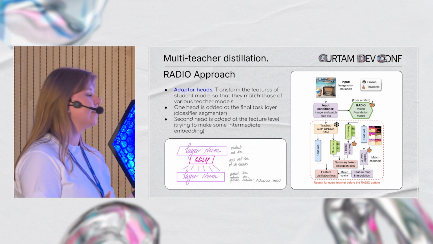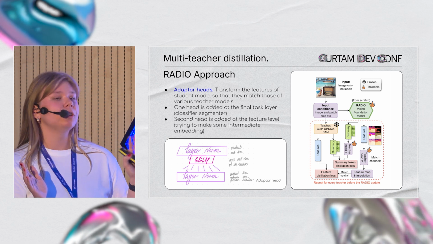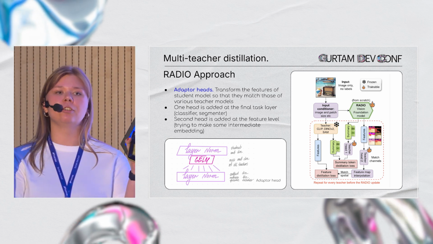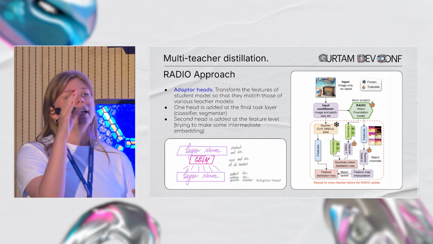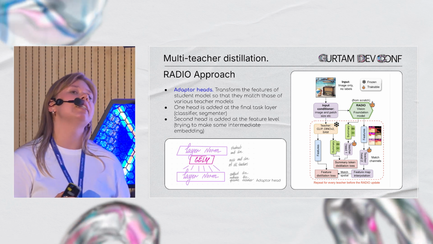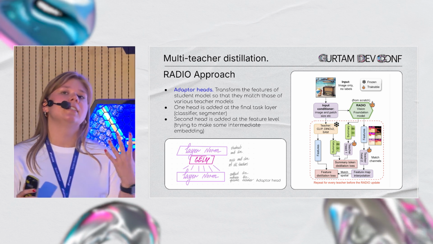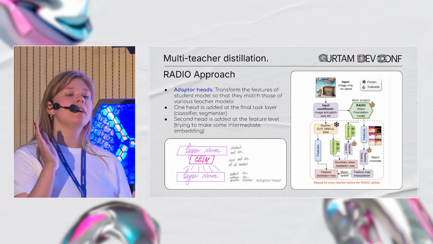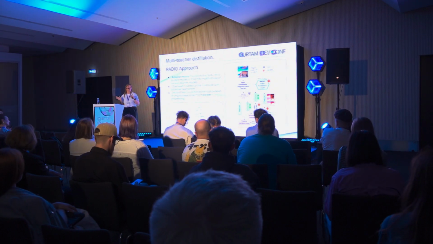So the adapter head was receiving the super feature from the student model. And I call it a super feature because it's like a combination of all the teachers' features. And this adapter head receives the super feature from the student and transforms it in a way so that it will match a specific teacher that this adapter head is attached to. So it means that we have the same number of adapter heads as the number of teachers.